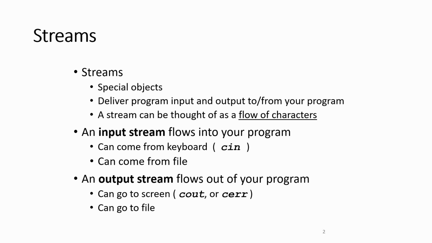An input stream flows into your program, can come from the keyboard like cin, or can come from a file, which is what we discuss today. An output stream flows out of your program, can go to your screen, the output console, using cout, and also can go to a file, a text file, for example.